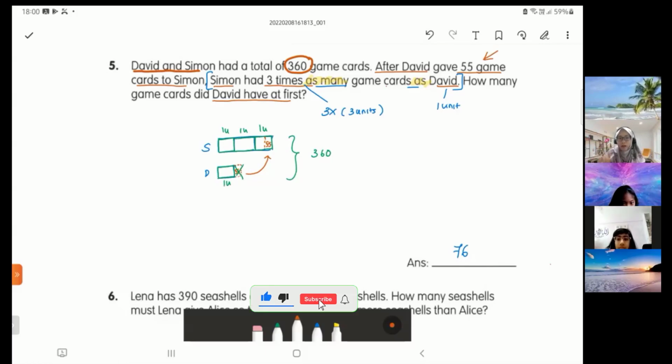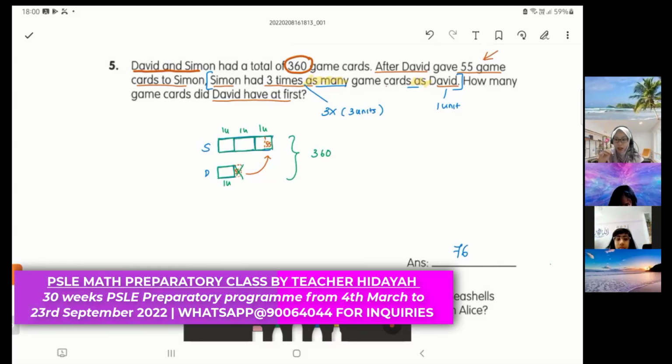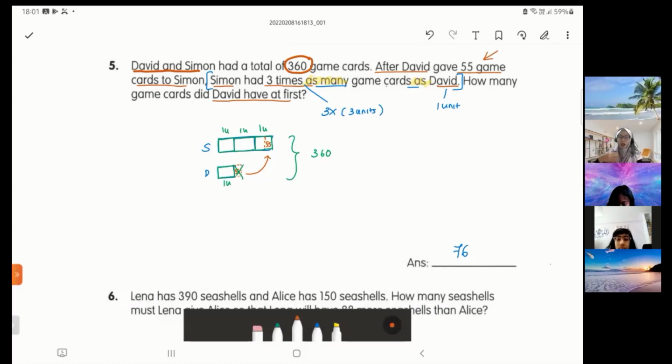David did not give the game cards to someone else, or throw them away. David gave the game cards to Simon. Simon got the game cards from David. So their total will not be affected. It will remain as it is because this is what we call the internal transfer. Or in other words, this is the total unchanged concept.